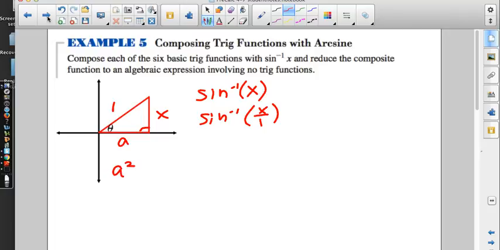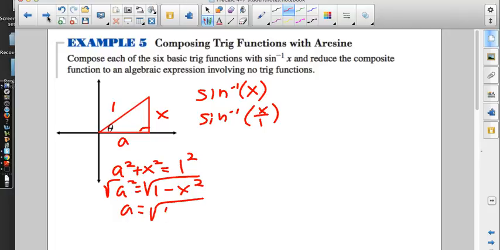So a squared plus x squared has to equal 1 squared. And that means that a squared is going to equal 1 minus x squared. And when I take the square root to figure out what a is, I get the square root of 1 minus x squared. Yes, it's ugly, but we're just going to write some ratios.